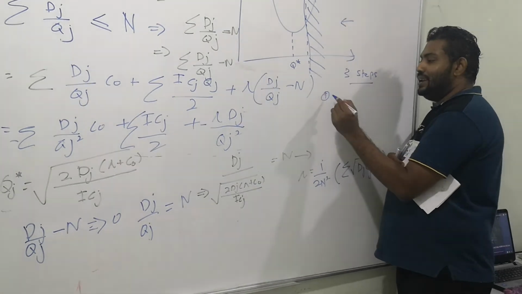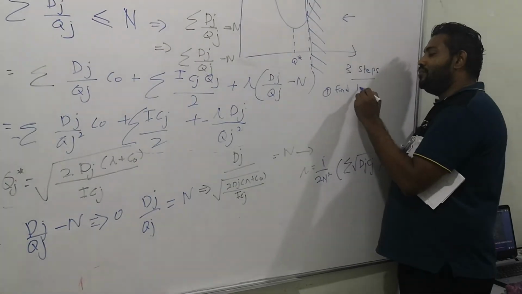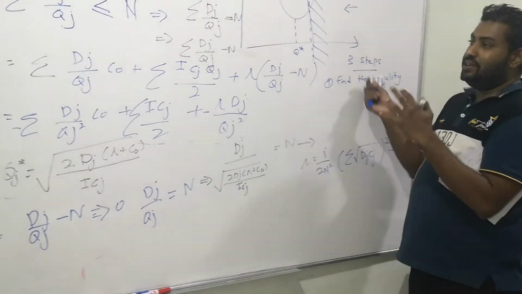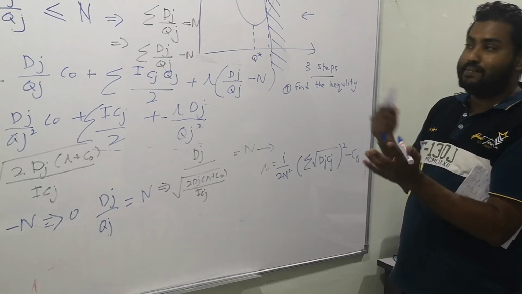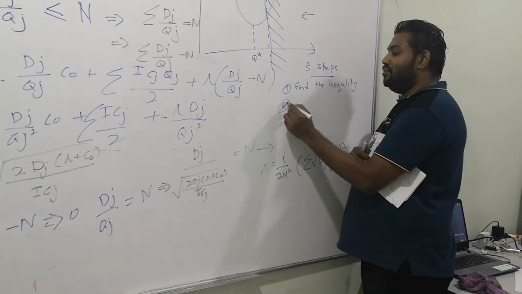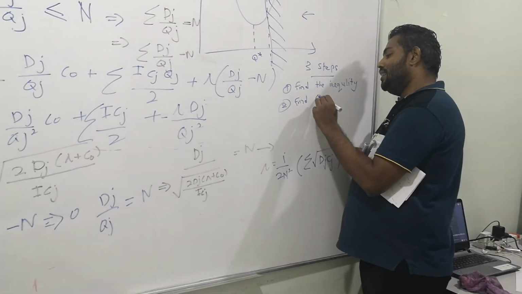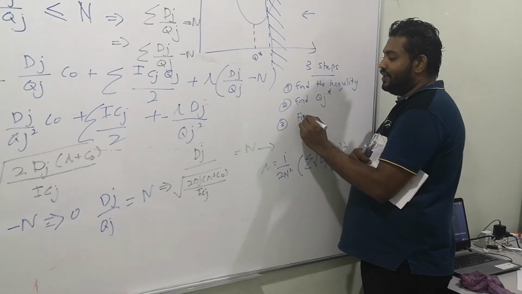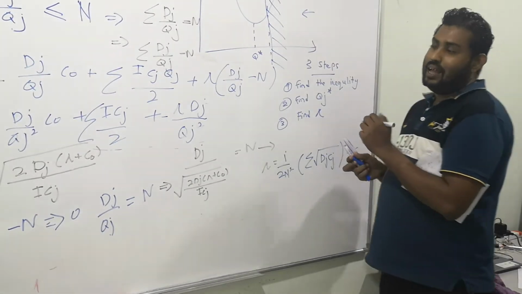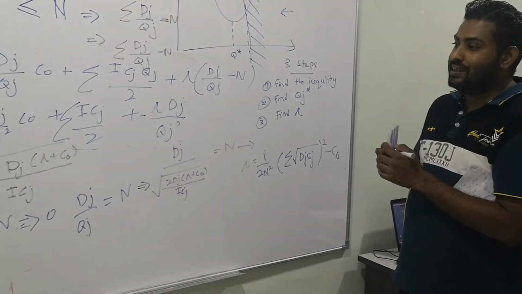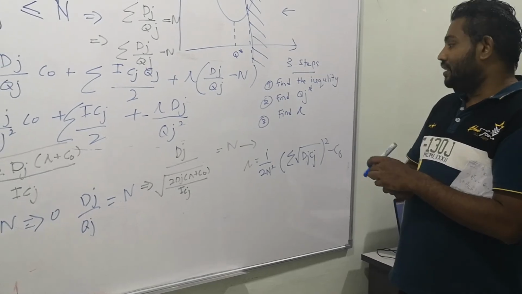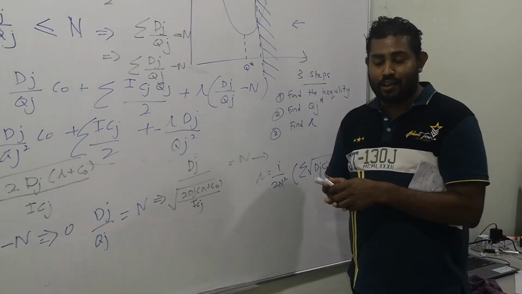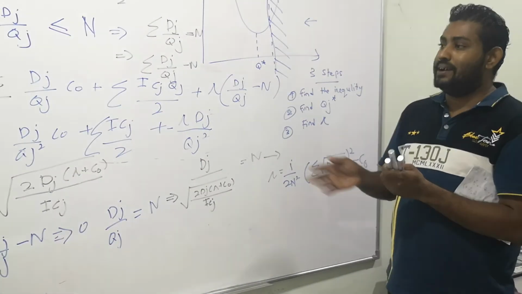Step 1 is finding the inequality. After that, you need to change it into the feasible solution and make it an equality. Second, you need to find our qj optimal. Before you find the qj optimal, you definitely need to find the lambda value first. After you get the value, you can put it into your qj and find the modified EOQ.